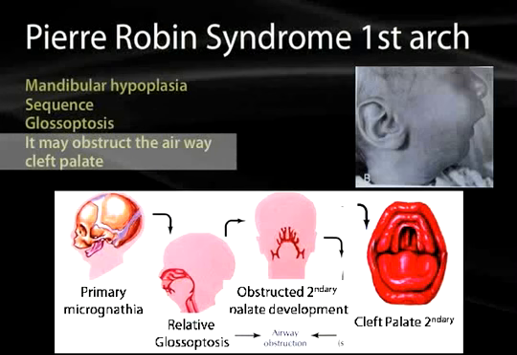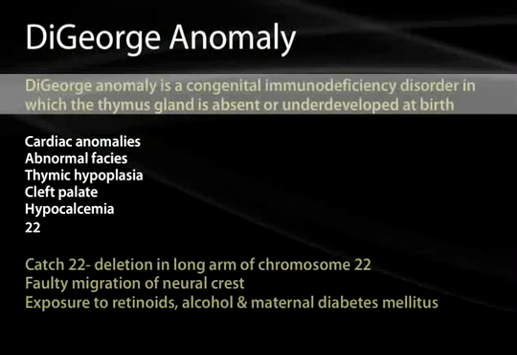If the jaw is small, that means the tongue is relatively large, and a secondary effect of not being able to fit all the tongue in the oral cavity is that these kids will tend to have an obstructed palate growth, and that will leave a palatal clefting as well. So they'll oftentimes have a small jaw, a large tongue, which leads to obstructive development and is known as the cleft palate.